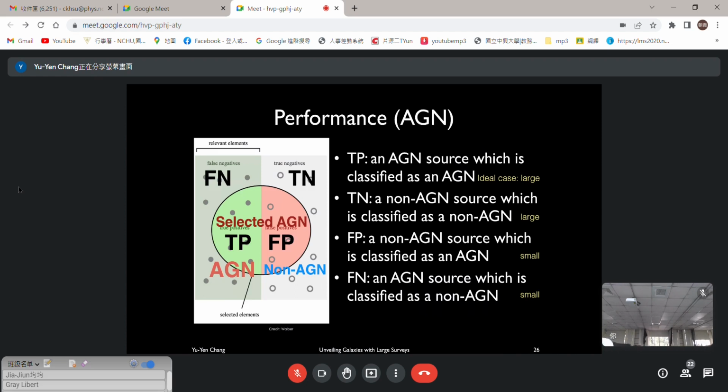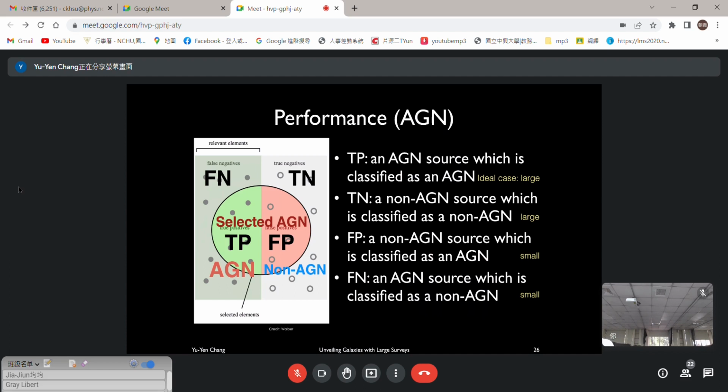To test the performance, there are several scores we can check. For example, we would like to know how many AGN sources are classified as AGN. This is called the true positive rate. In the best case, the true positive rate should be close to 1, which means all the AGN sources are classified as AGN.